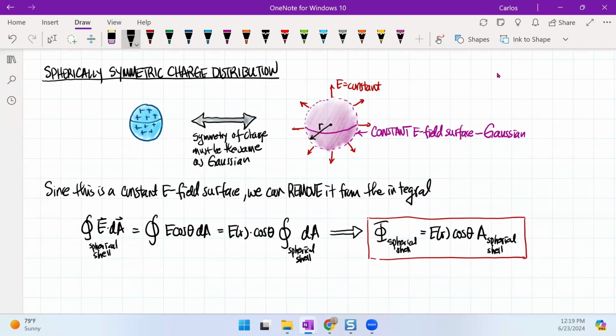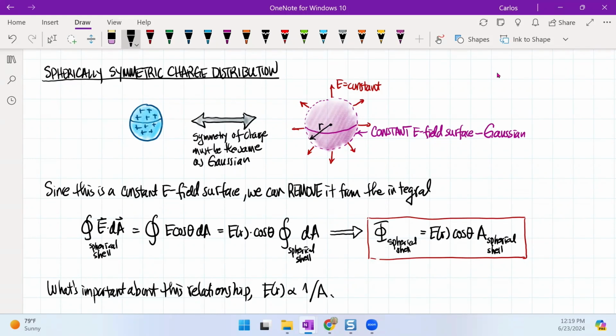What's important about this relationship is that the electric field is proportional to 1 over the area of the Gaussian.